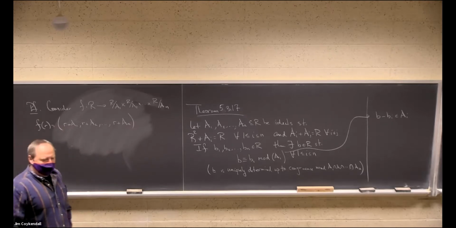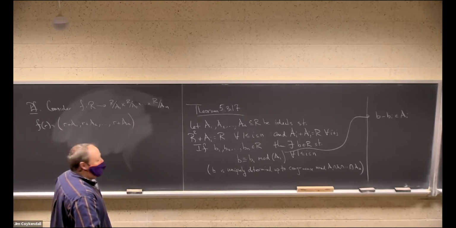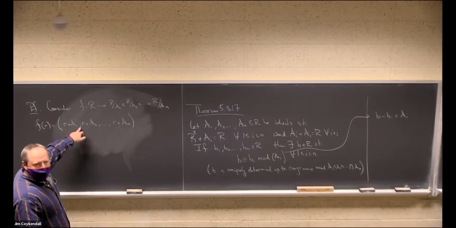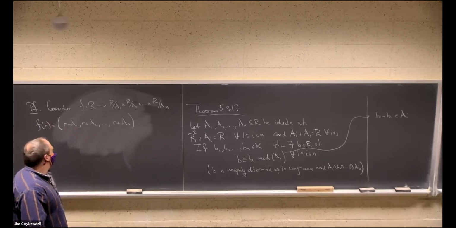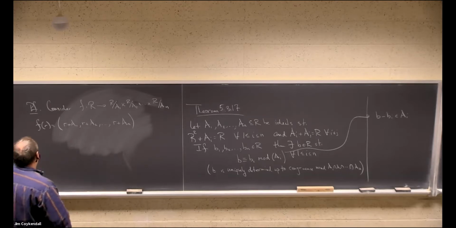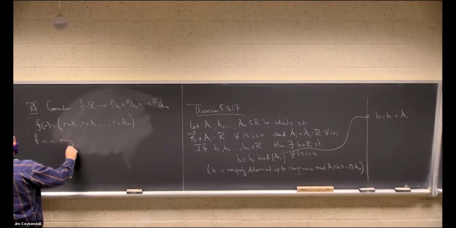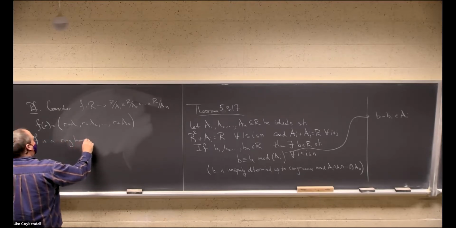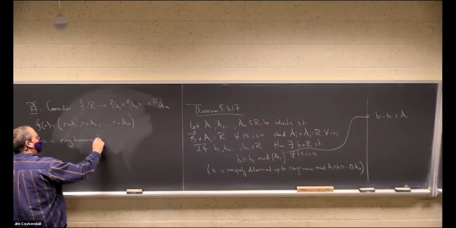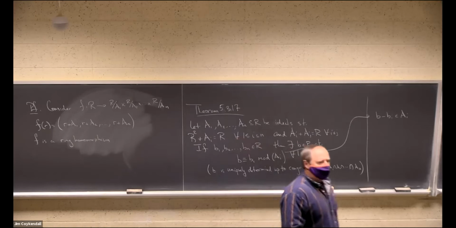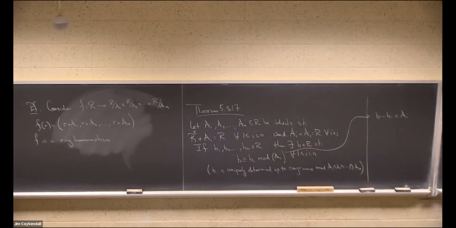Consider the easy function, if you will, that takes every element of the ring to its coset, R mod Ai. It's easy to check that F is a ring homomorphism. It's certainly a group homomorphism. We've seen this kind of thing before. And it's easy to check that multiplication works as well.